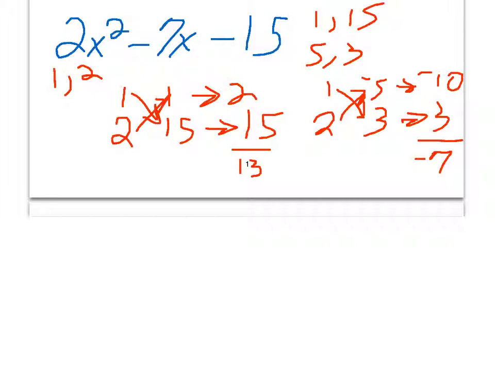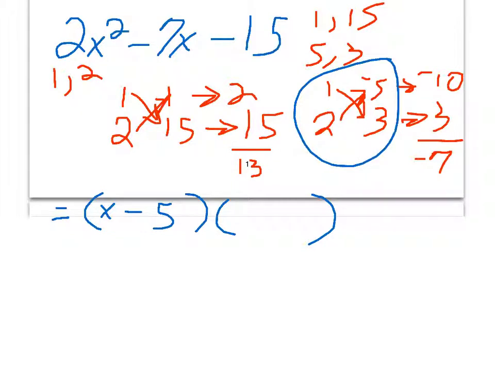So now I set up two sets of parentheses. In the first set, I'll have a 1x minus 5, straight across the top of those two factors that I selected, and then 2x plus 3 will give me the rest of that. And that gives me my answer.